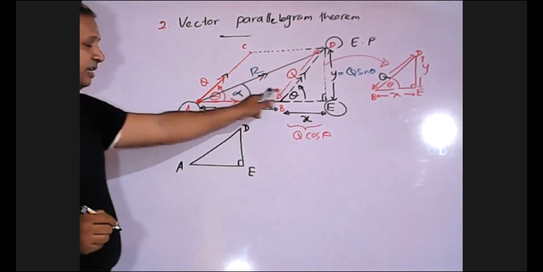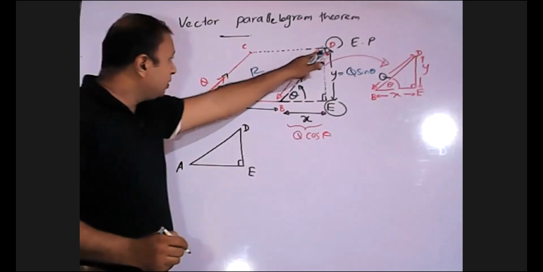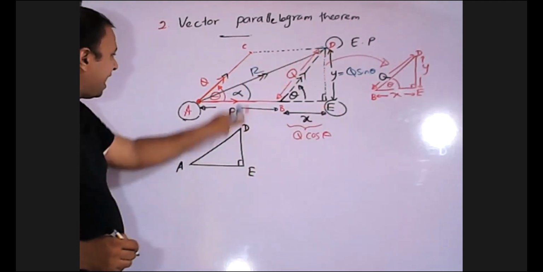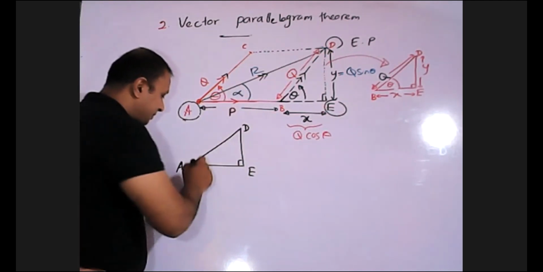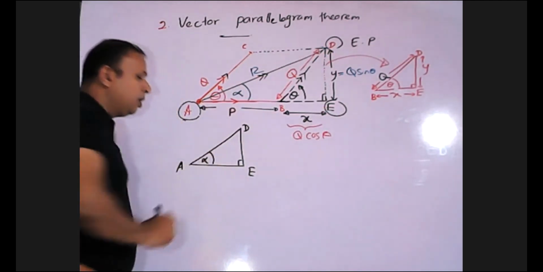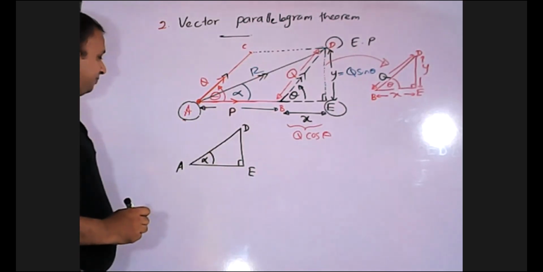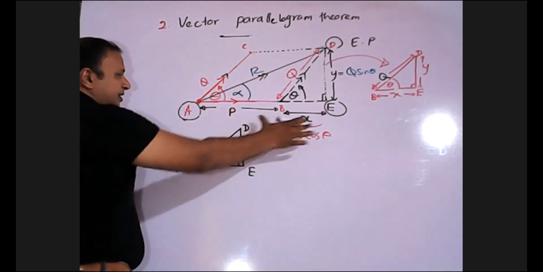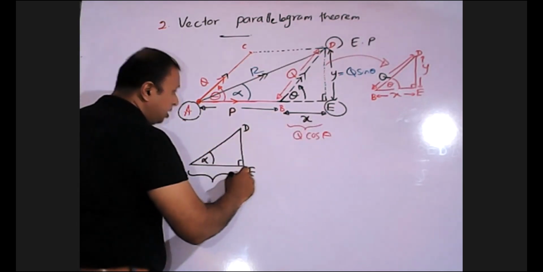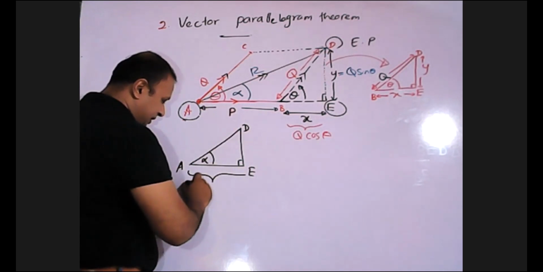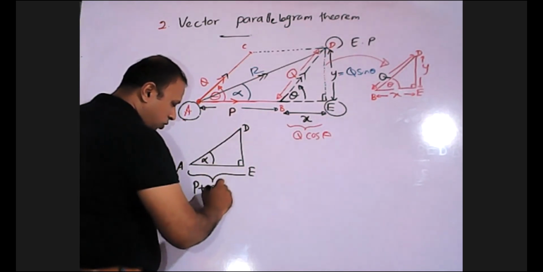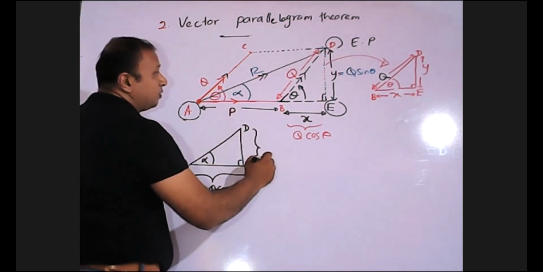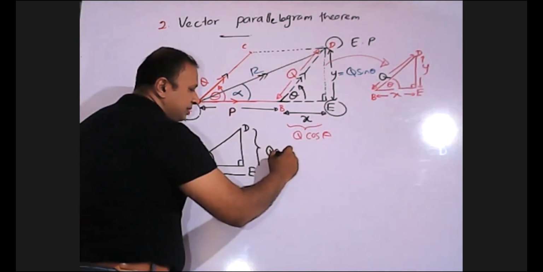If I extract the AED triangle, look at this angle, DAE. The angle DAE is equal to alpha, which is the direction of the resultant vector. You know this side. This side is equal to P plus Q cos theta. This side is equal to Q sin theta.